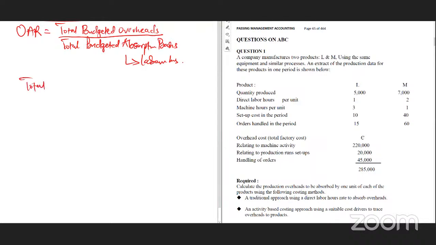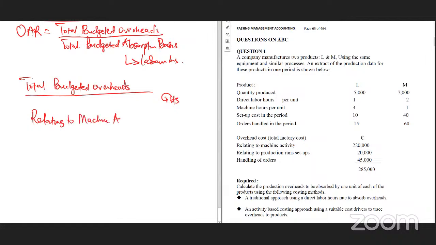So what was our total budgeted overheads? I think we had overheads relating to machine activity. And that was 220,000 also.